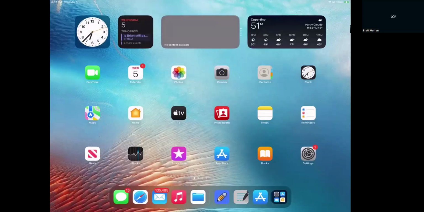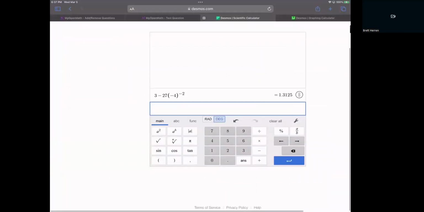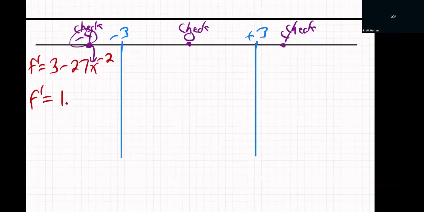Is that right? Yeah. So what was my answer then? It was 1.3125. All I really care about is it's positive. Remember, derivative is a slope. Slope is positive. The function's going up.